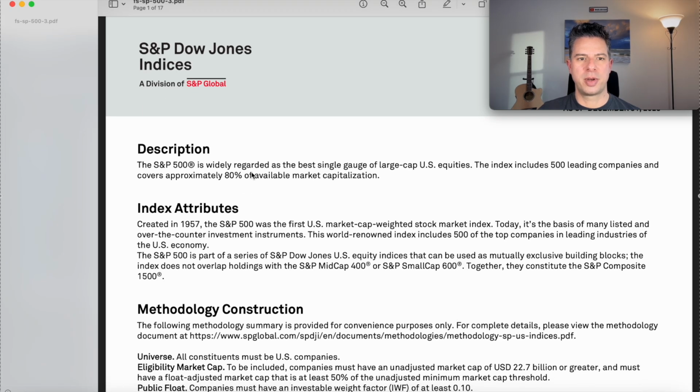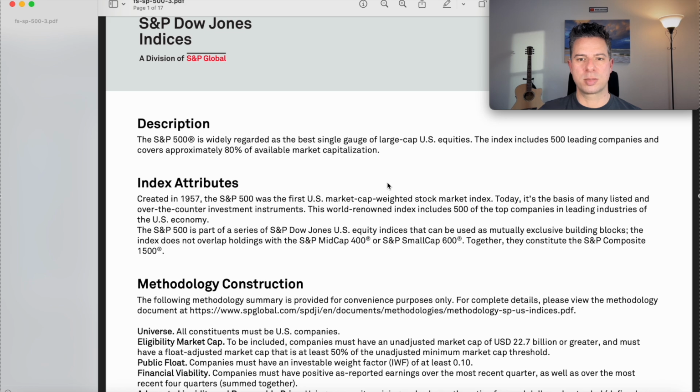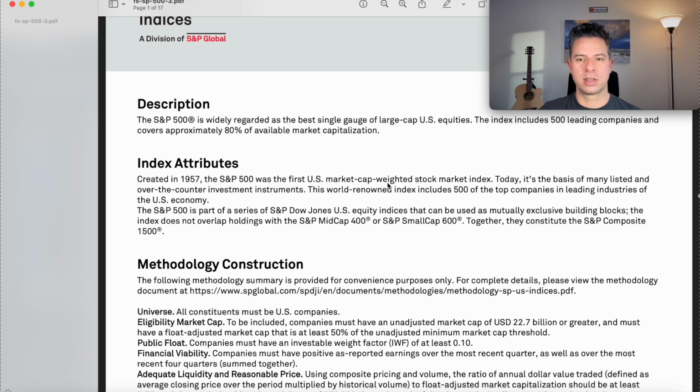So 500 companies covers approximately 80% of the available market capitalization, meaning 80% of the U.S. stock market. The other 20% of the value of the U.S. stock market is in the mid caps, small caps, micro caps. So by this, you own most of the U.S. market and definitely the larger companies.